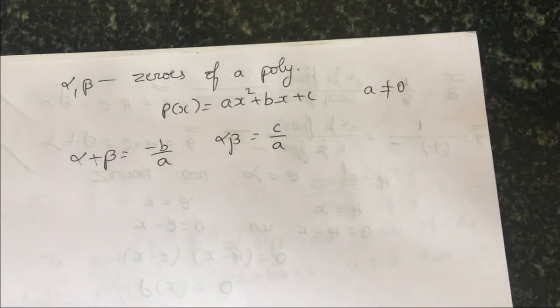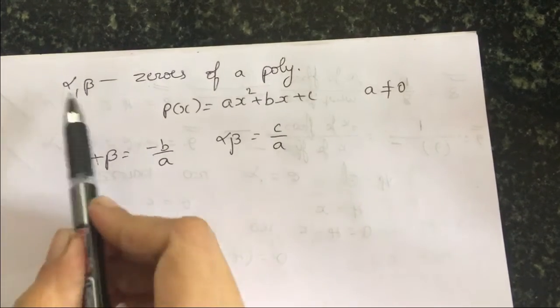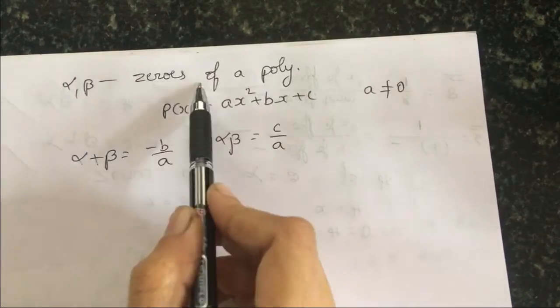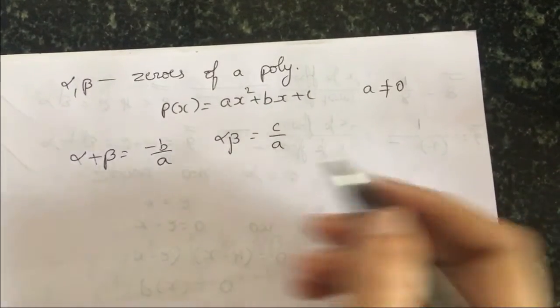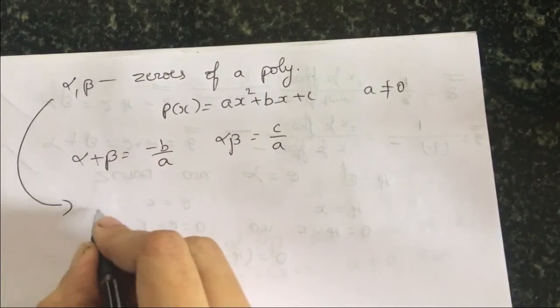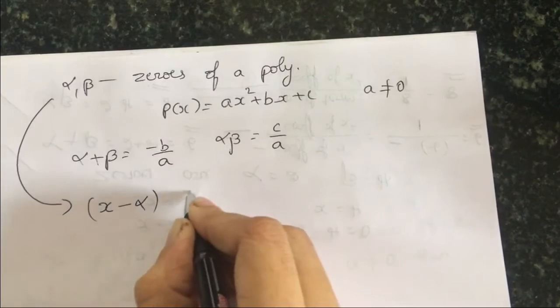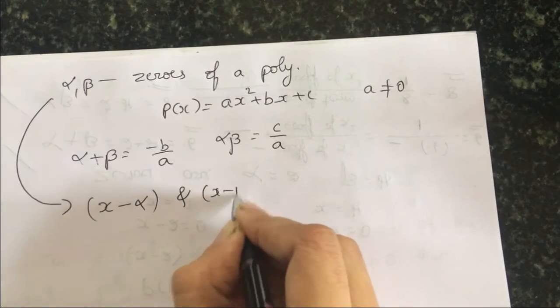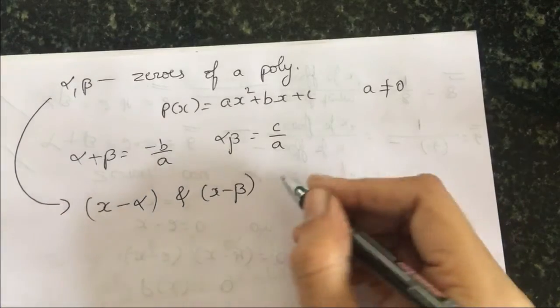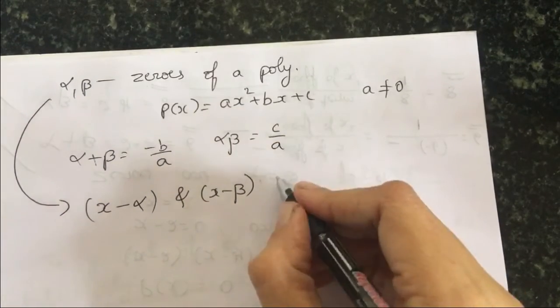This you know, right? Now when alpha and beta are the zeros of a polynomial, from this I can write x minus alpha and x minus beta are the factors of this polynomial.